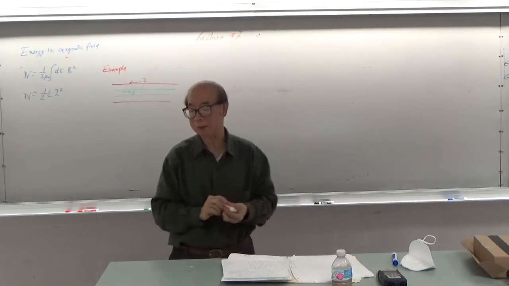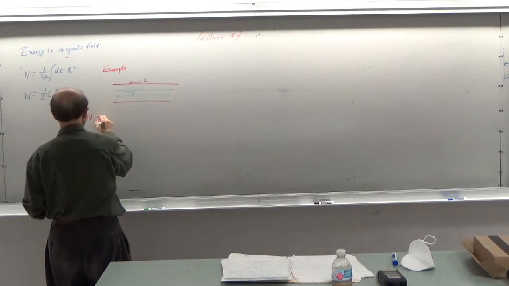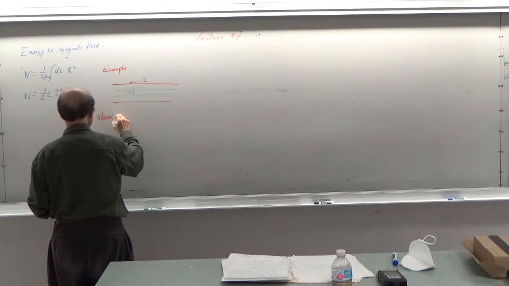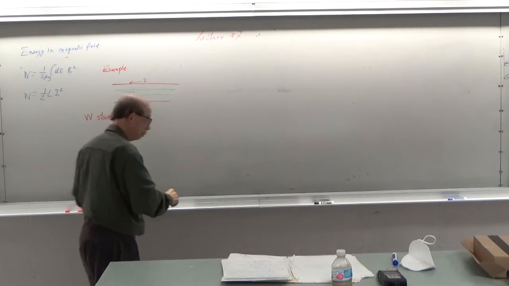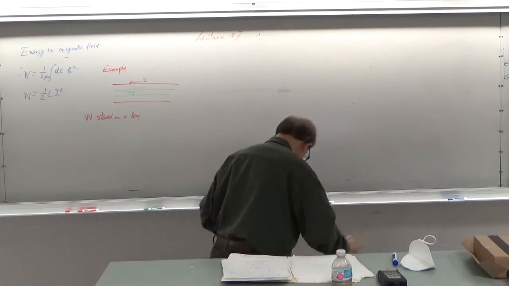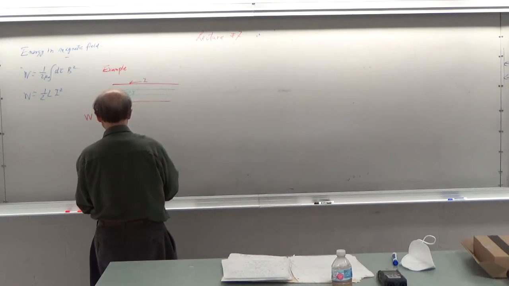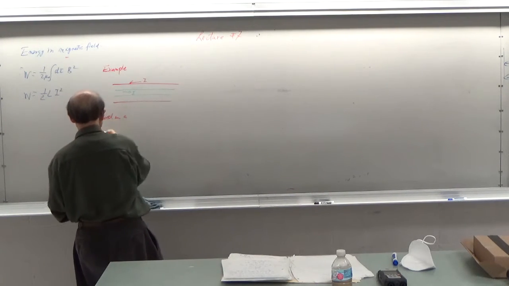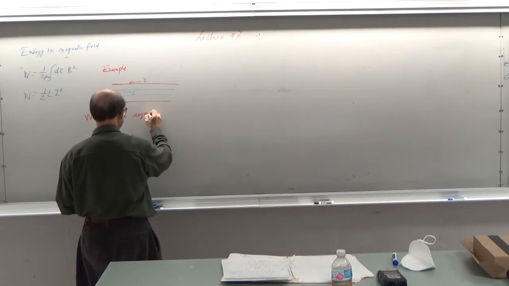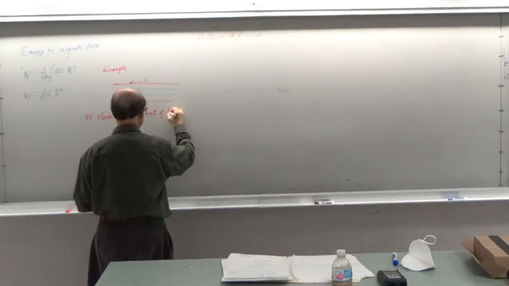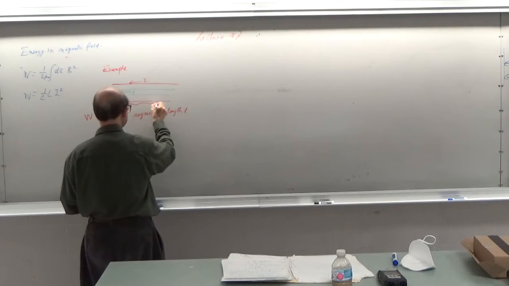And we are supposed to find what is the energy stored in a segment of length L. I'm sorry, my handwriting is getting worse. Of length L, let's say this much.